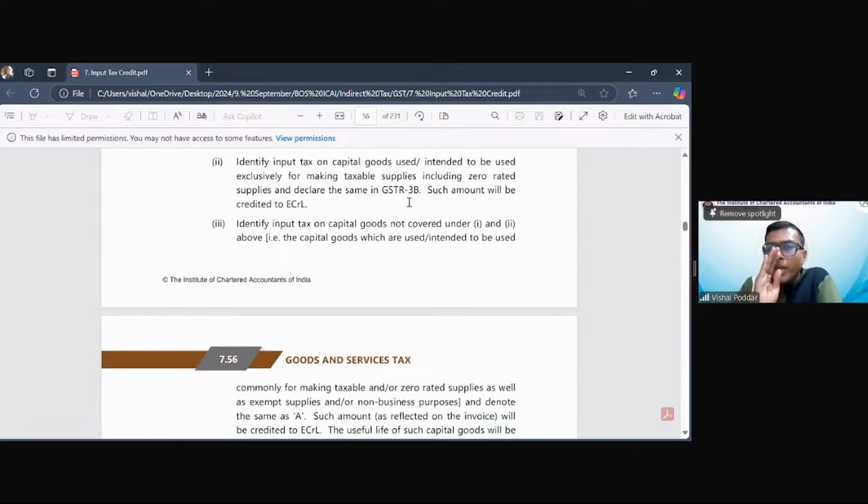Now, after removing those assets, machines which are used exclusively for taxable and exclusively for exempt, you are left with those machines or assets like your furniture or some common packing machine, which is used commonly for both X also and Y also. Now, these common machines ITC are the common ITC of capital goods.